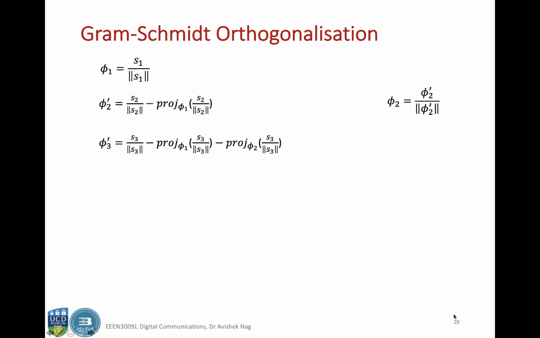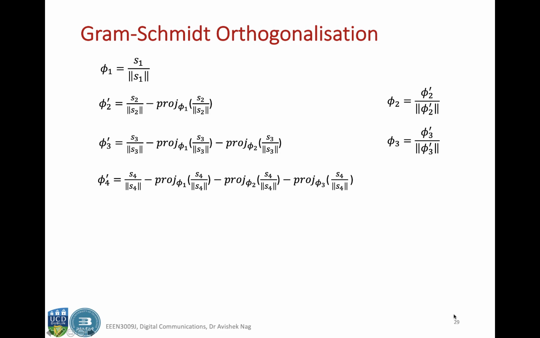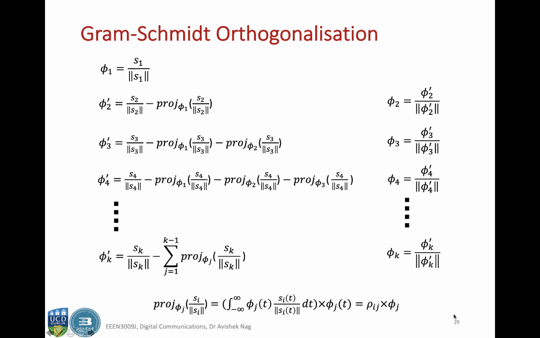You proceed in a similar iterative fashion to get phi 3 dash, which is S3 minus its projection on the phi 1 and phi 2 axes, and then you normalize to get phi 3, and so on until you get the general expression phi k dash, equal to sk minus its projection on all the phi j's from 1 to k minus 1, and then you normalize phi k dash to get phi k.